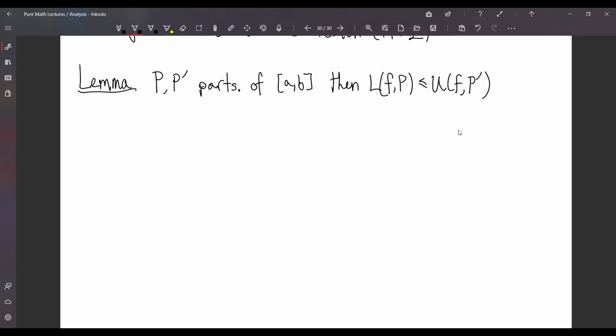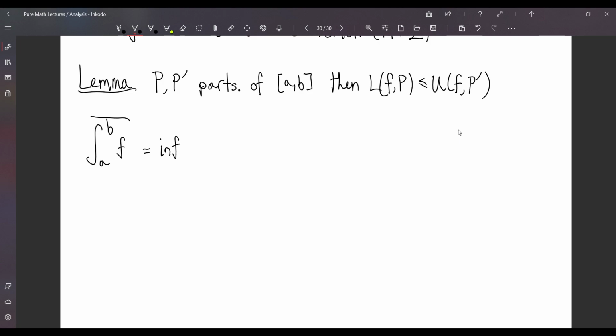So with this in mind, we can sort of define two objects. What we're going to define is called the upper and lower integrals. So this is going to be the upper integral, sorry.